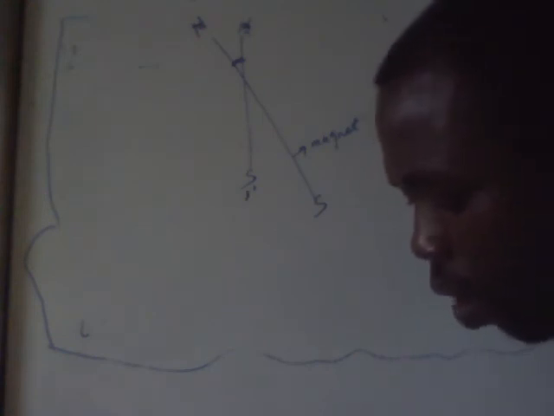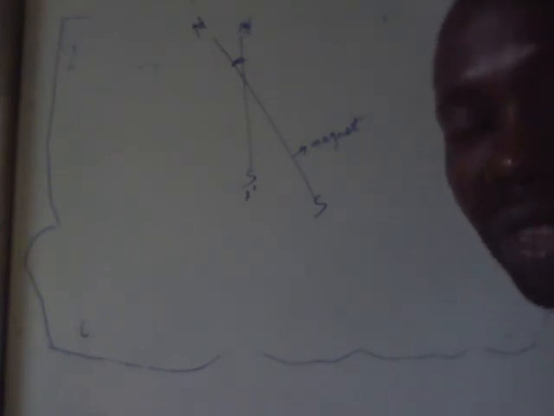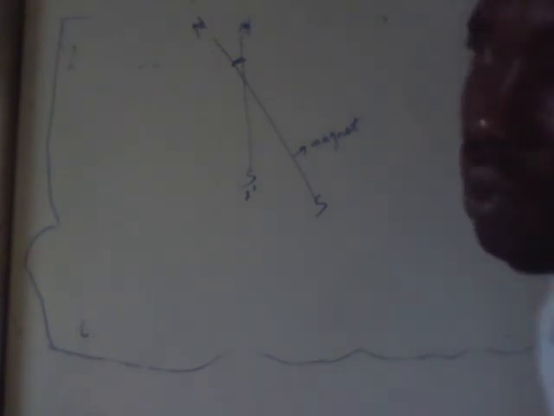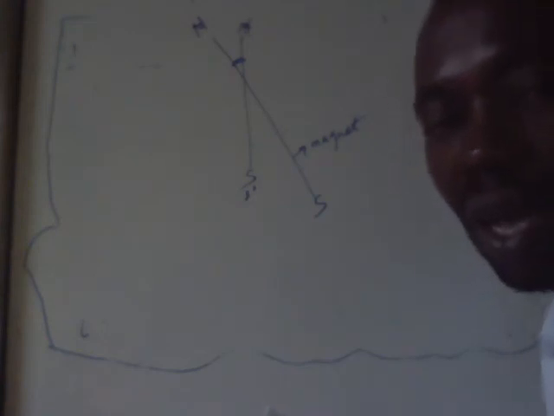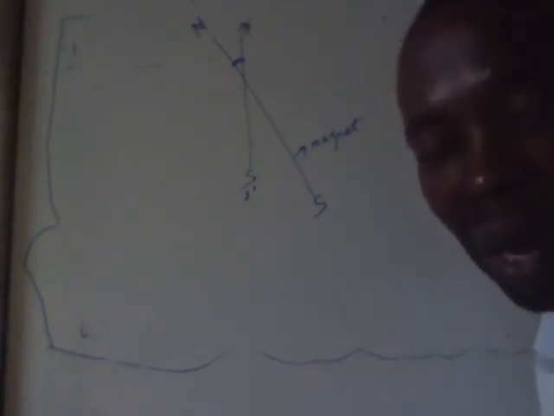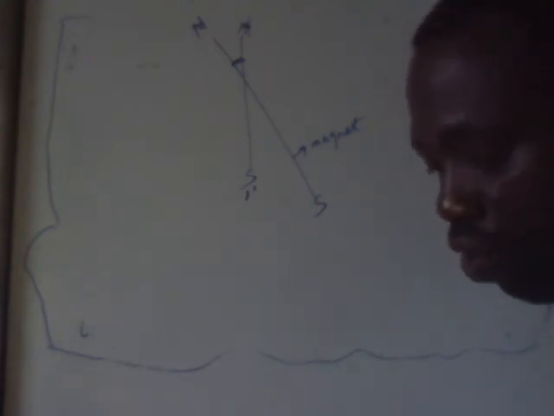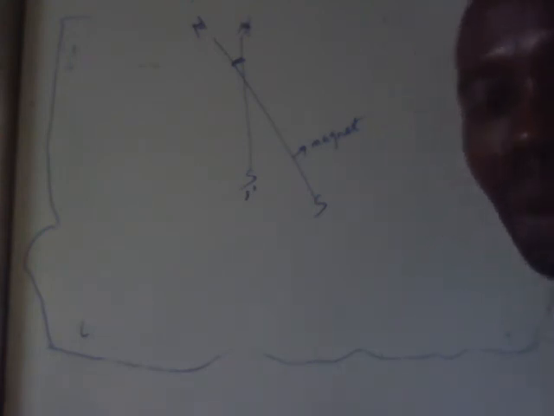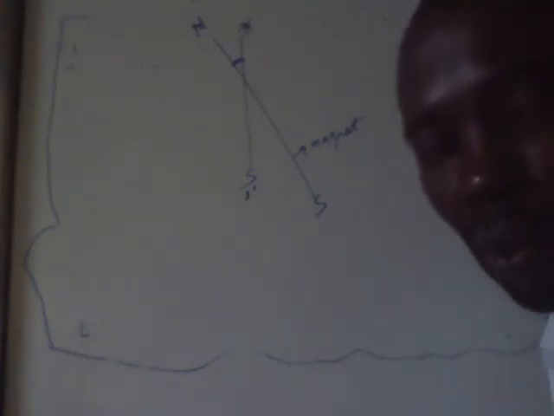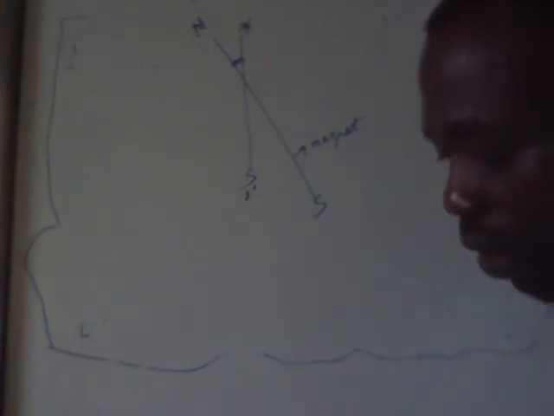Roman figure 4, horizontal component of the Earth's magnetic field, is correct. Then Roman figure 3, the angle of dip. Angle of dip is the same thing as angle of inclination. It is the angle the Earth's magnetic field makes with the horizontal.